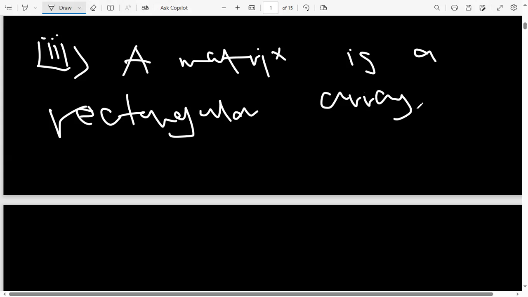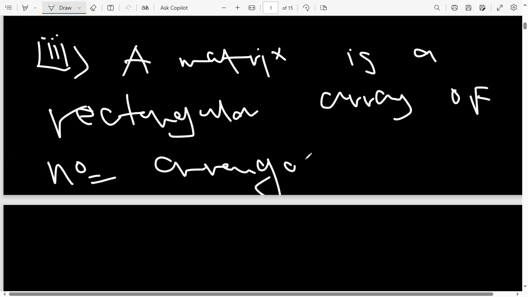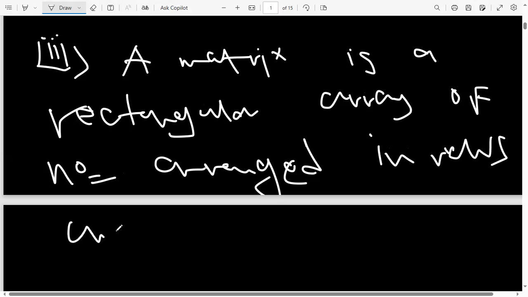A matrix is a rectangular array of numbers arranged in rows and columns. This is what we call a matrix. You have to know the definitions, guys. Very important.